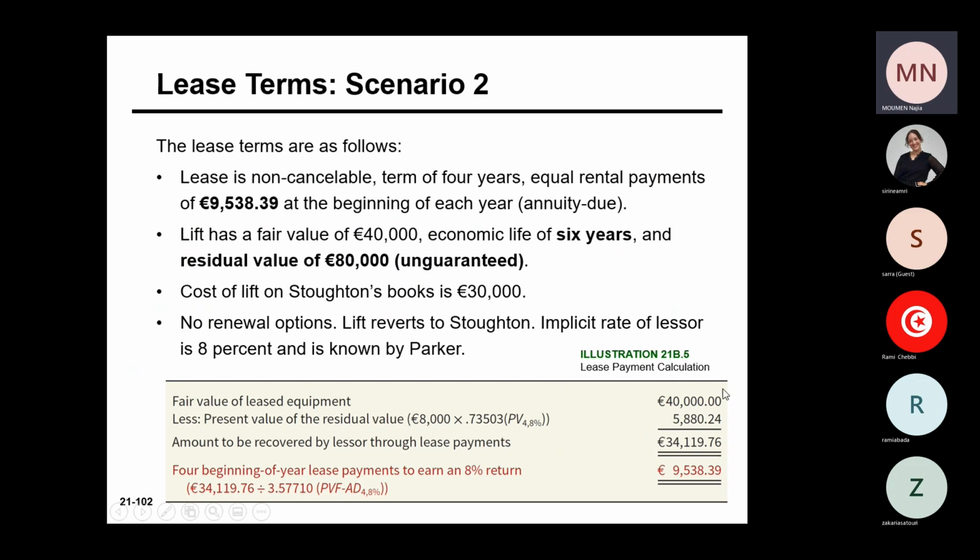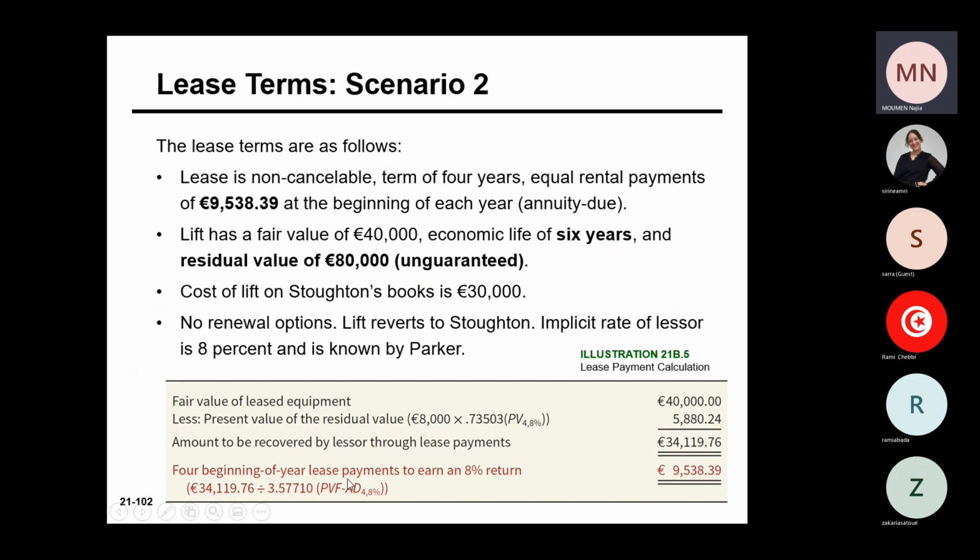Remember, this amount is always computed and fixed by the lessor. And how to compute it for the lessor? He must first take off the present value of the residual value, whether it was guaranteed or unguaranteed, and then measure the yearly payment at the beginning of each year to earn an 8% return.